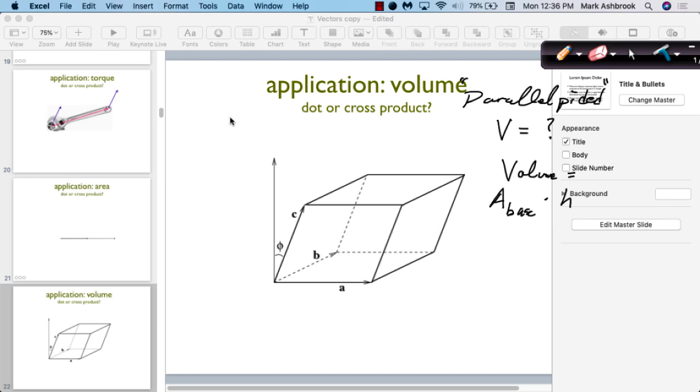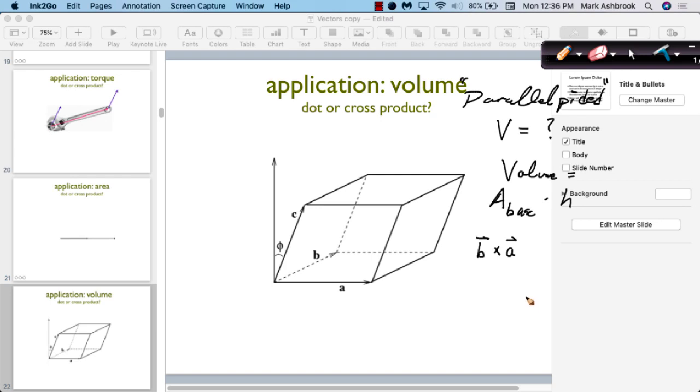Anyone want to share your thoughts here? John? I think it's B cross A. All right, let's just start right there. Why are you doing that? So you're going to do B cross A? Yeah. Because that'll give you a vector that's kind of like straight up.